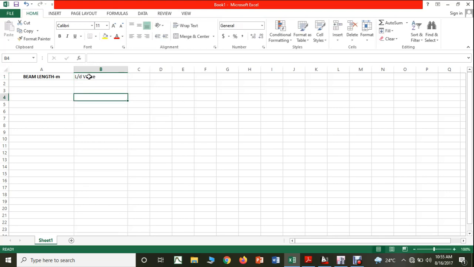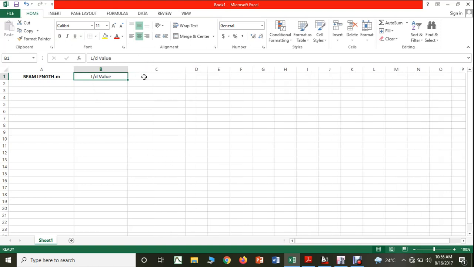Then I'll calculate the corresponding beam depth, which I'll also write in meters only. Then we will convert it into feet. So you know that 1 meter is how much?